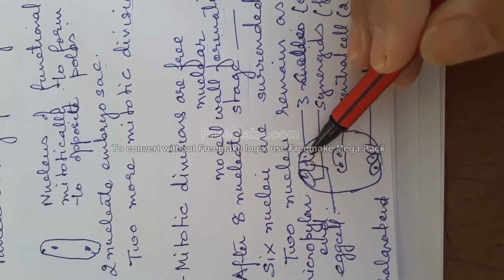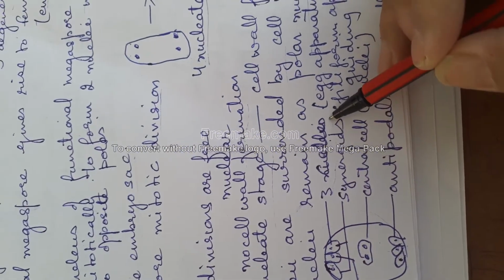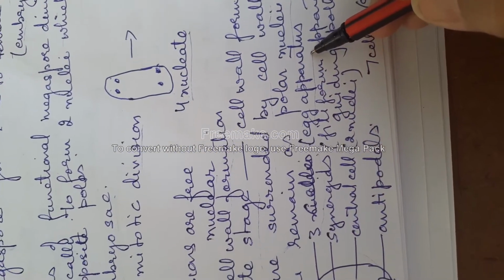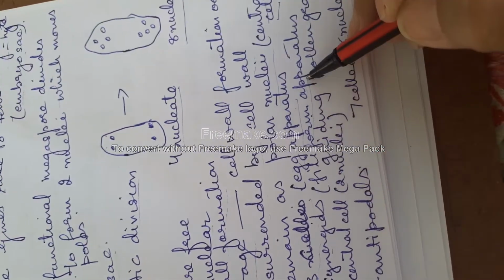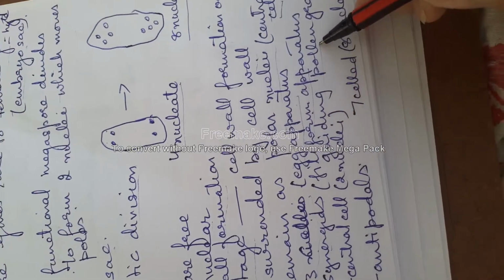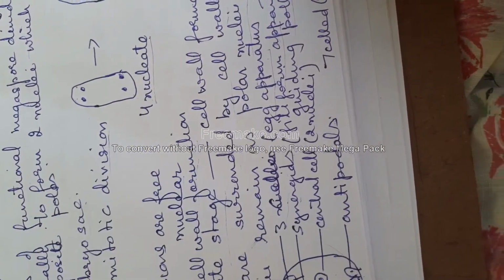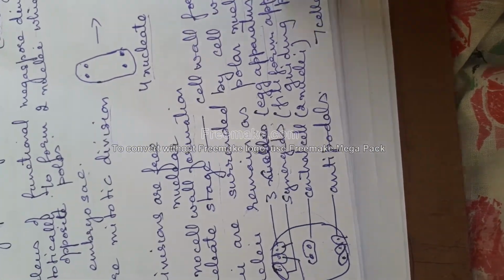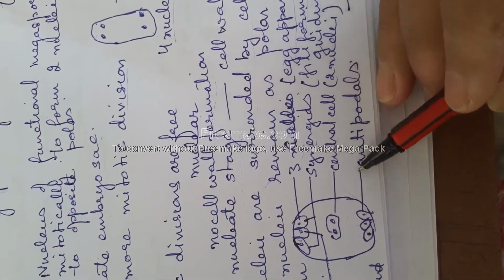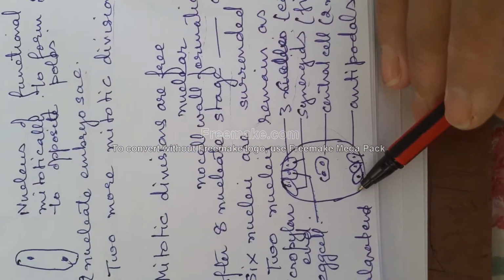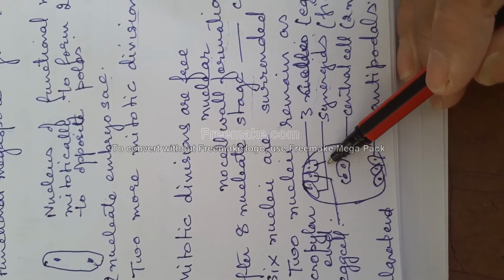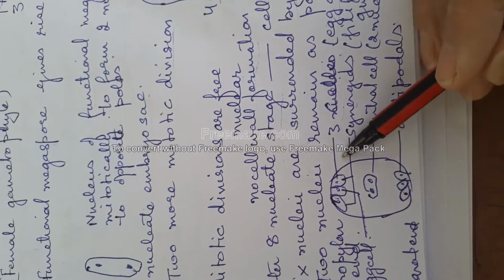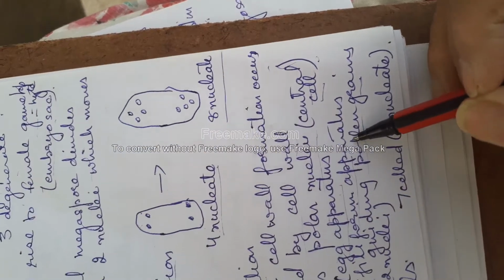At the micropylar end are the 3 cells which form the egg apparatus, and out of these 3 cells 2 are synergids with the filiform apparatus. Filiform apparatus guides the pollen tube to enter for the fertilization purpose. This is the central cell, and these are the 3 antipodals which are at the chalazal end. So this is the egg cell and these 2 are synergids. So this is the structure of an embryo sac.